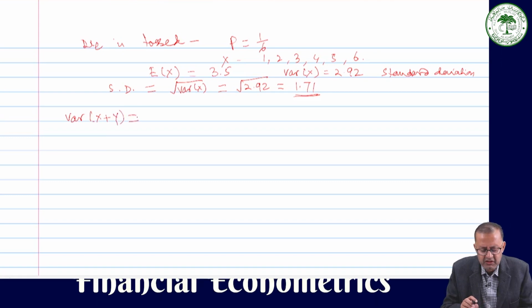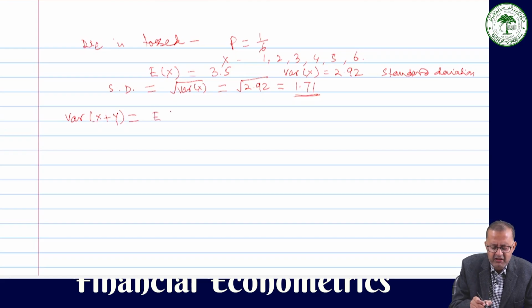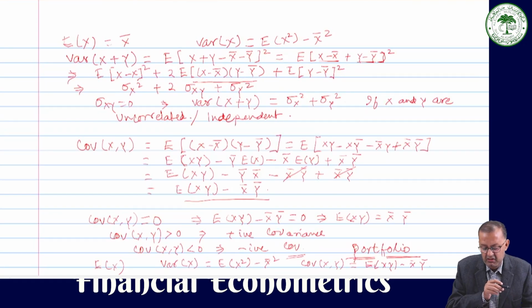So the variance of x plus y is equal to the expected value of (x plus y minus x bar minus y bar) whole square. We have already calculated this in the first page, which is equal to sigma x square plus twice sigma xy plus sigma y square.